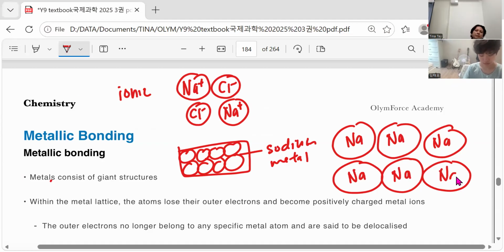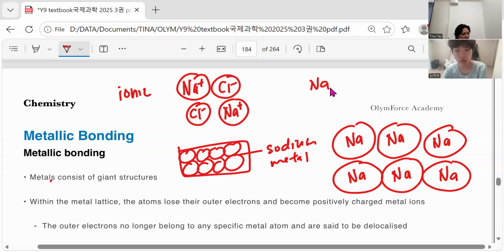But what is special about metals? I give you 30 seconds. Can you try and find what is the electron arrangement of sodium? Look through your books, look through your notes from previously. Look at your periodic table.